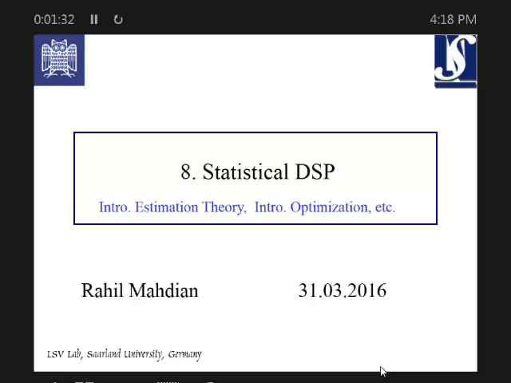The same thing for optimization. You will understand what kind of optimization you're encountering in your specific problem, and what kind of category you have to choose if you want to solve it. In the coming lectures, we will encounter some very trivial examples of estimation and optimization problems.